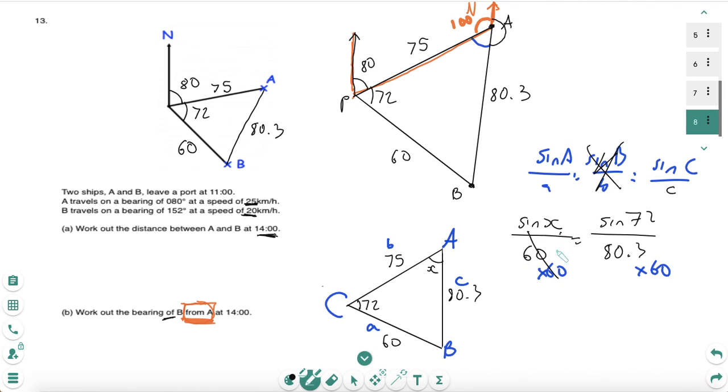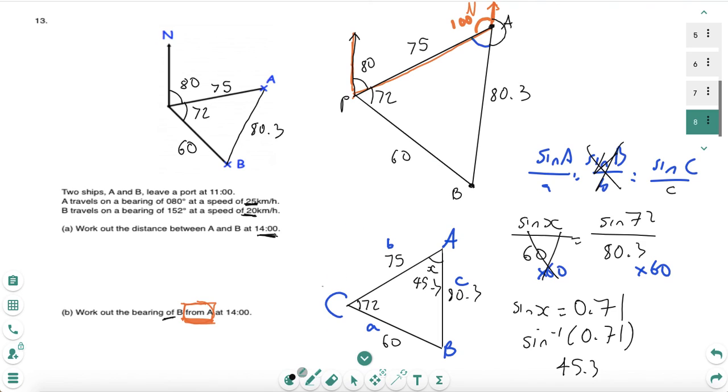That cancels out, so sine X equals sine 72 divided by 80.3 times 60, which is 0.71. Then to find a missing angle, make sure you do the inverse. The inverse of sine 0.71 is 45.3. So this angle here is 45.3.